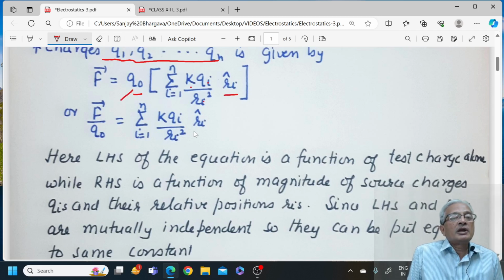This Q0, take it to the LHS. So what do I get on the LHS? F upon Q0 equals summation k qi upon ri square ri cap.